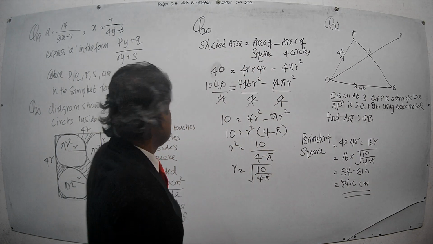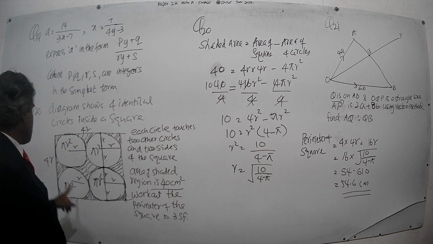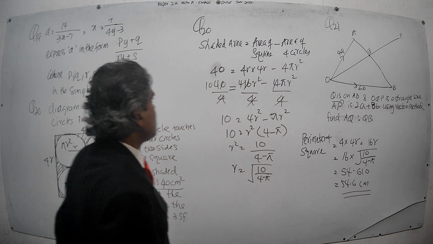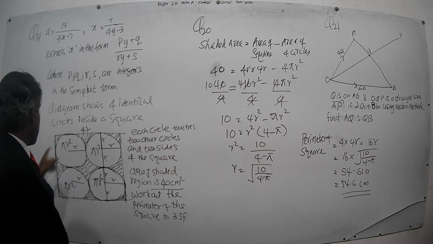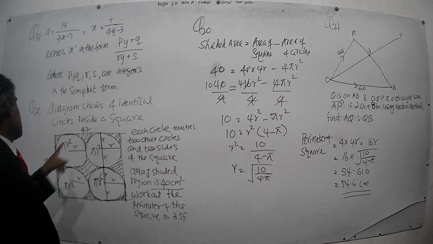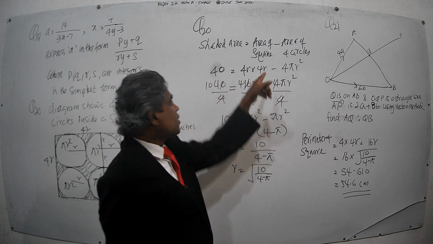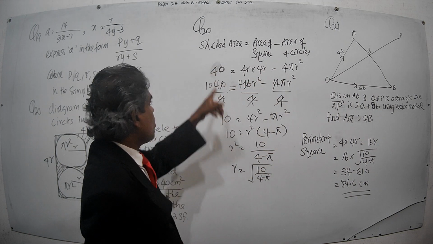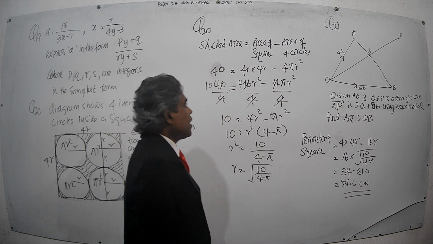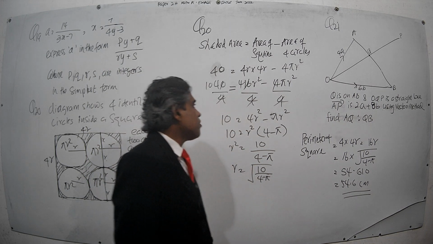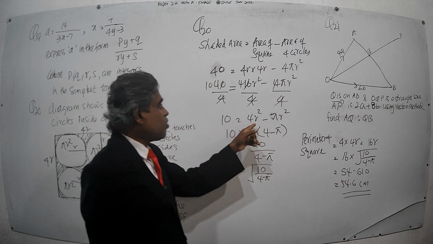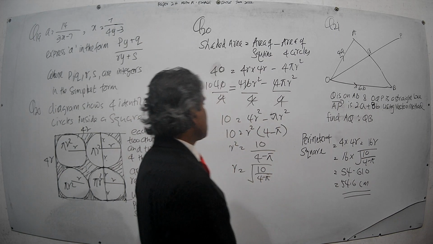Pi r squared each, so 4 pi r squared is the area of the 4 circles. The area of the square is 4r into 4r, that is 16 r squared. Then there's a common factor 4, so we divided each term by 4. Ultimately, we got 10 equals 4r squared minus pi r squared, right?